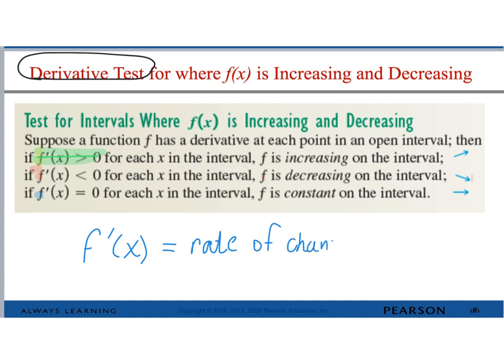And rate of change is another word for slope. And we know that slope can be either undefined, which means it's vertical and there is no derivative, or slope can be negative, it can be 0, or it can be positive. And so we're going to talk about those different scenarios.